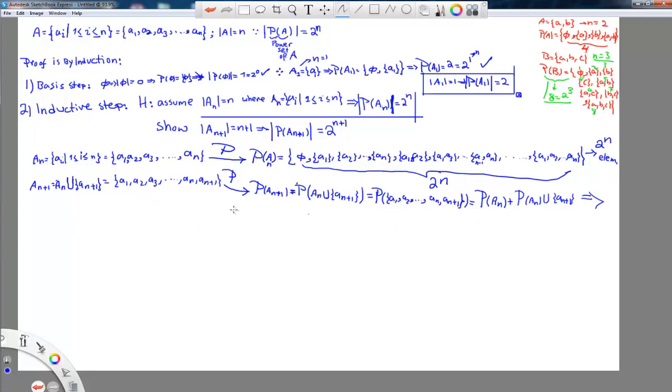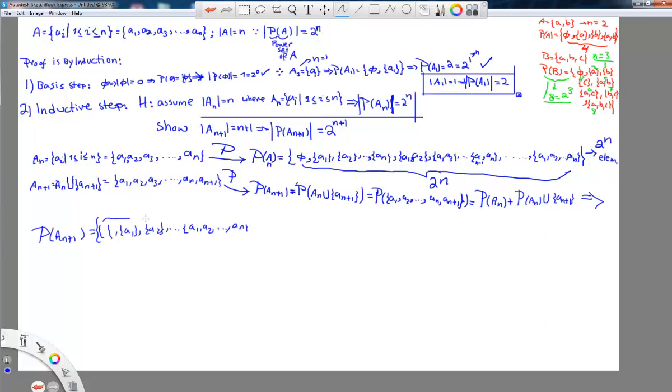So then the power set of A sub n+1 is going to be the empty set, so the set of the empty set, and one element items, A sub 1, A sub 2, all the way to A sub n, right?